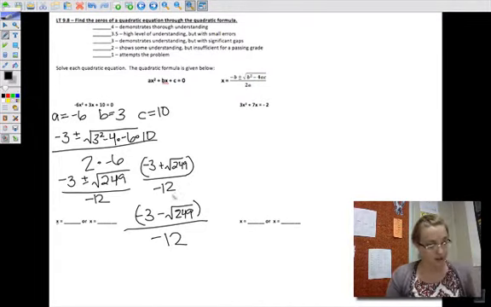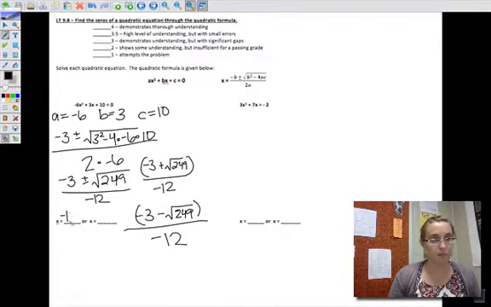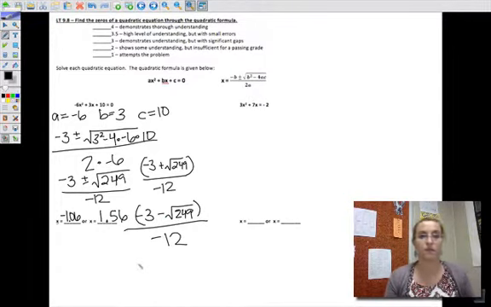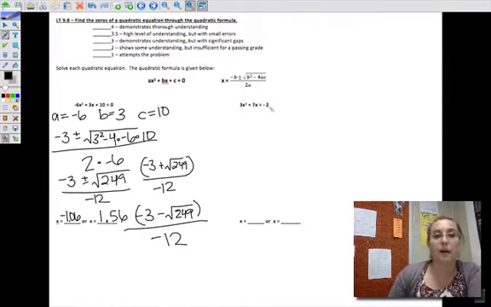This one right here, -3 plus the square root of 249 divided by -12, gives me -1.06. And this next one, when I subtract, gives me a positive 1.56.